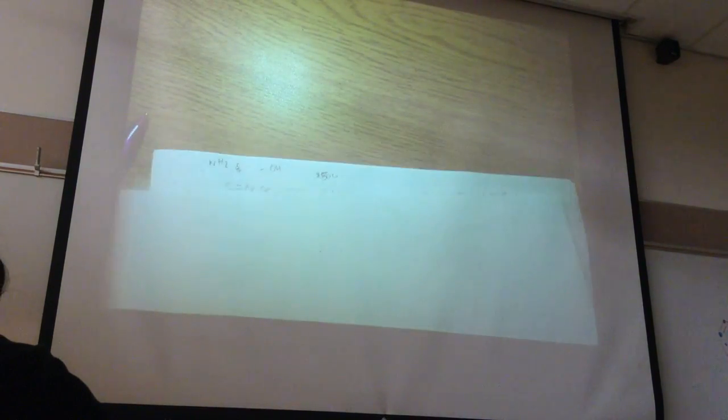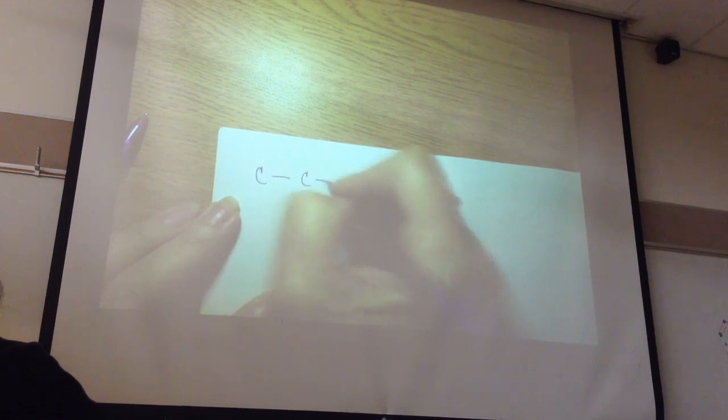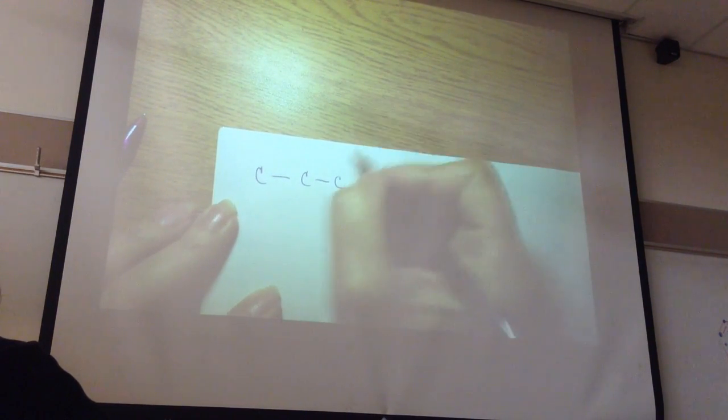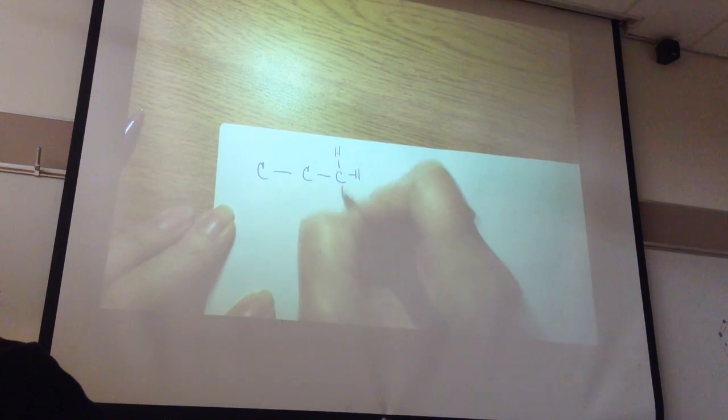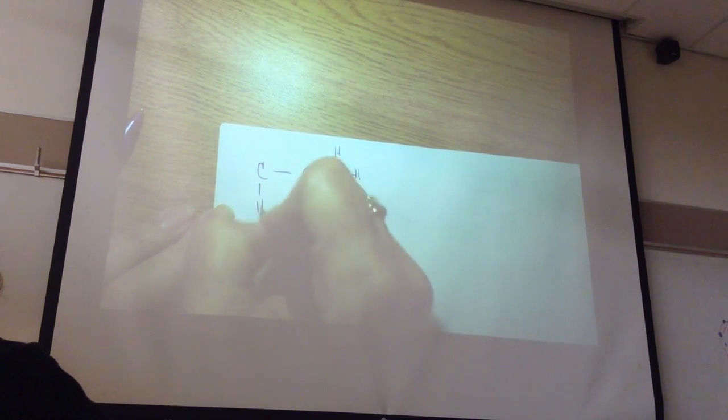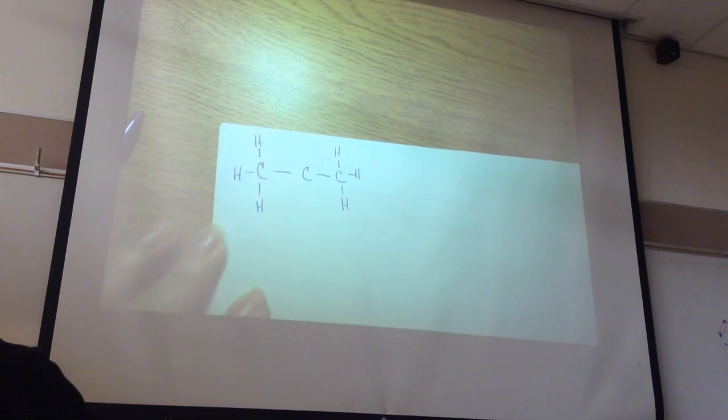All right, we'll come over here and take a look at propane. When I look at propane, we said that propane had 8 hydrogens. How many sets of equivalent hydrogens does propane have? It had 2 sets of equivalent. All these blue ones at the ends are equivalent to each other.